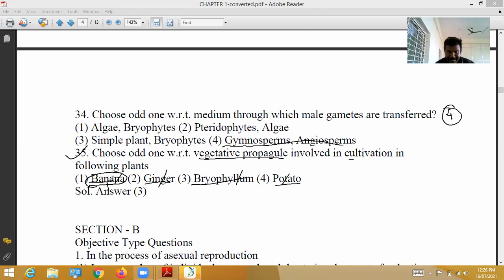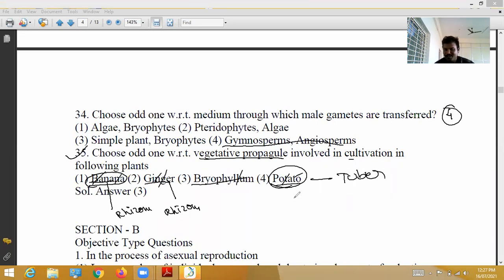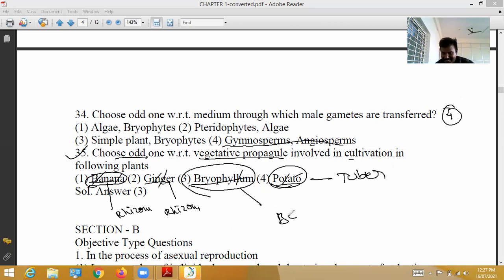Let me say one thing. Banana is propagated by rhizome. Ginger is propagated by rhizome. Potato is propagated by tuber. So these three are all underground modified stems. So Bryophyllum is the only odd one. It is a bud.